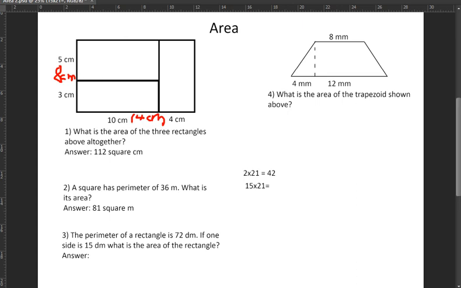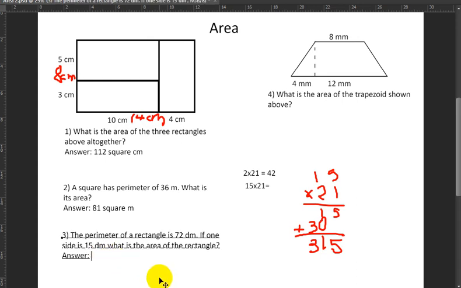So let's do 15 times 21 vertically. 15 times 21. How much is this? That would be 315. So our answer should be that the area is 315 square decimeters. There we go.